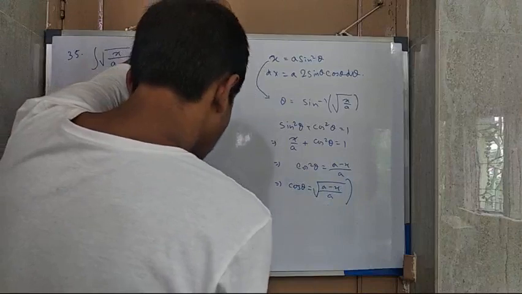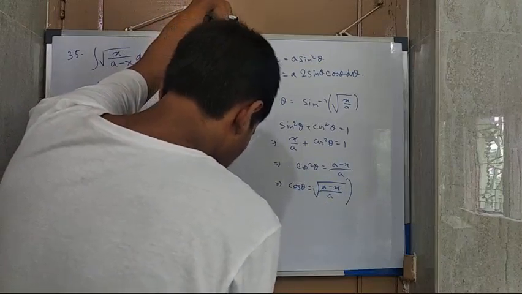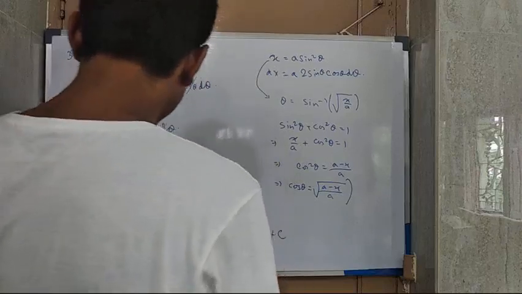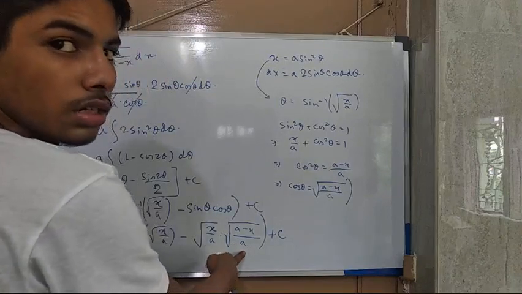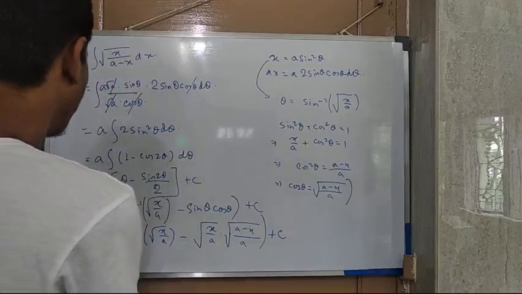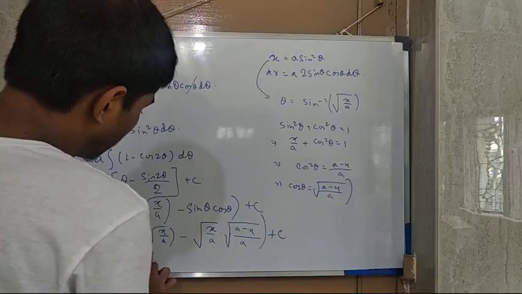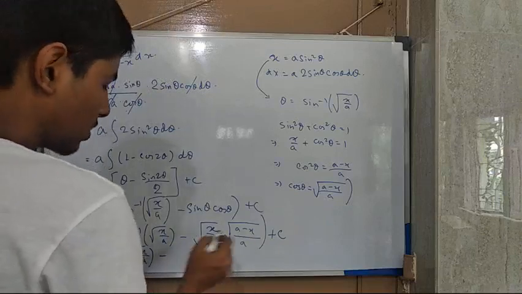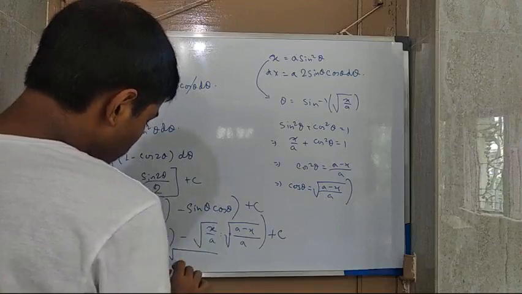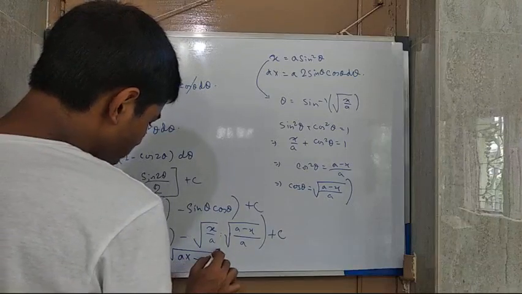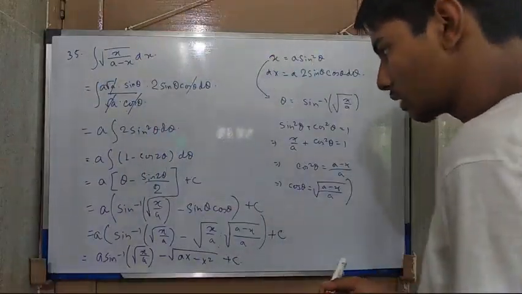So this becomes root under a minus x by a plus c, and this is root a times root a, which is a, and this a will cancel out with this a. So this is a sine inverse root under x by a minus root under ax minus x squared plus c. So this is our 35th question.